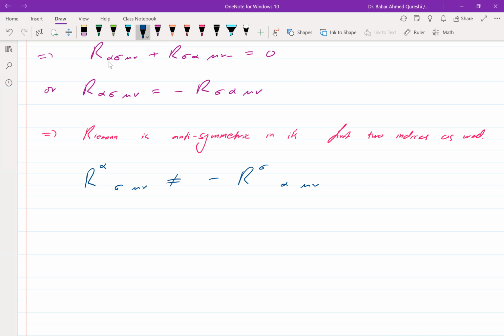So when the first index is up and the second is down, you cannot swap them and put a minus sign. That is not true. This statement only works after lowering the index. This is important to remember.